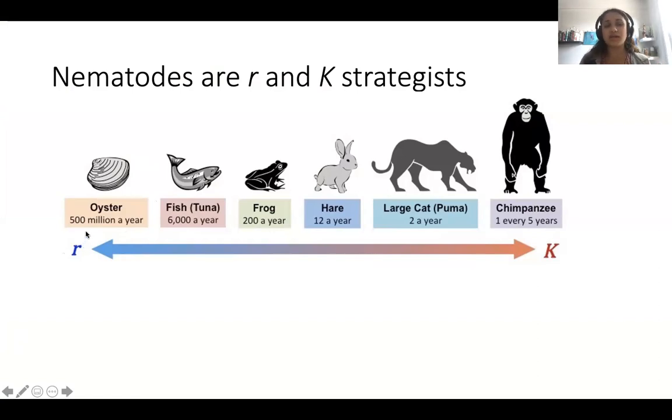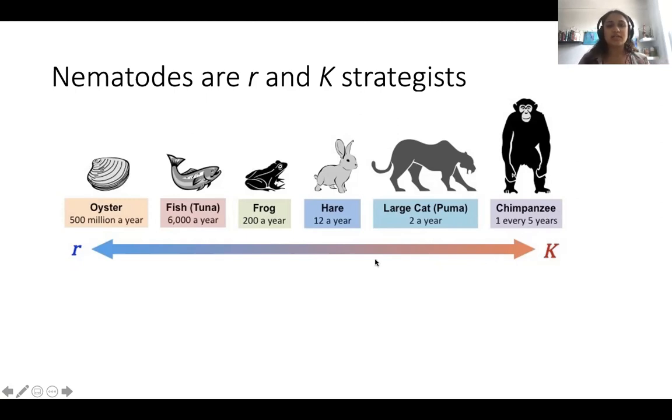They have really short life cycles. They don't give a lot in terms of taking care of their offspring. And it's on this gradient all the way up to these really heavy K strategists, which reproduce maybe one every 5 years. They give a lot of time and energy into their offspring.